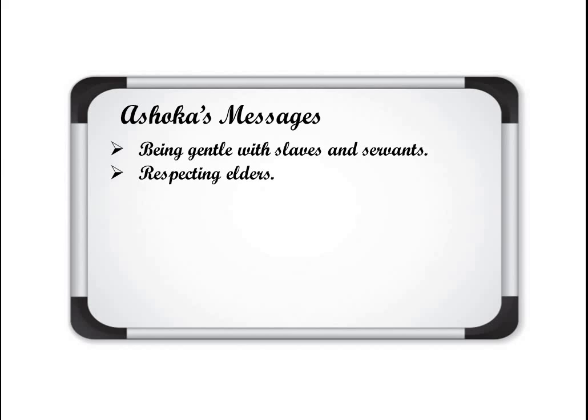Number 2, respecting elders. According to Ashoka, we should respect our elders. Number 3, treating all creatures with love. All creatures, whether they are insects, animals or human beings, we should be kind to each and everyone.